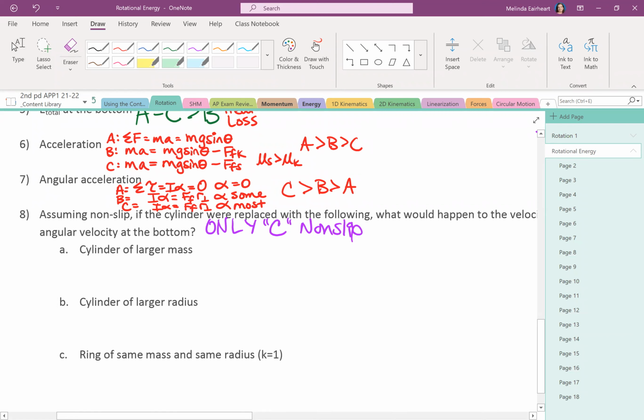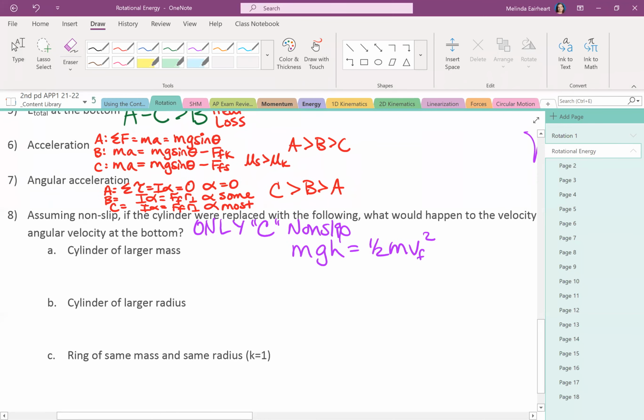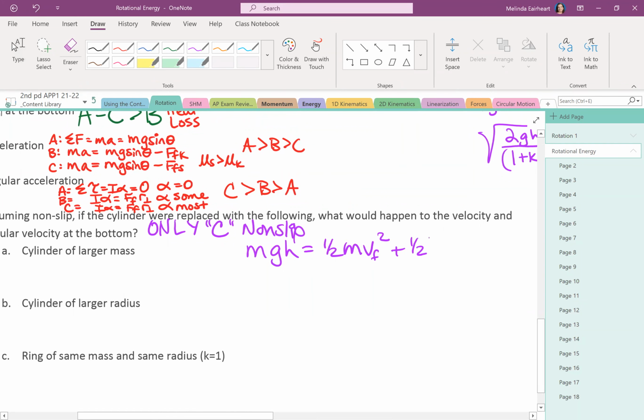I'm going to rewrite that energy statement, just the original, so we can look at it: mgh equals 1/2 m v final squared at the bottom, plus 1/2 I omega final squared at the bottom. And don't forget I is k m r squared, and omega f, if needed, you can substitute v squared over r squared.